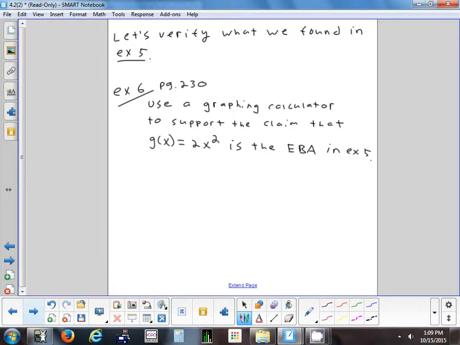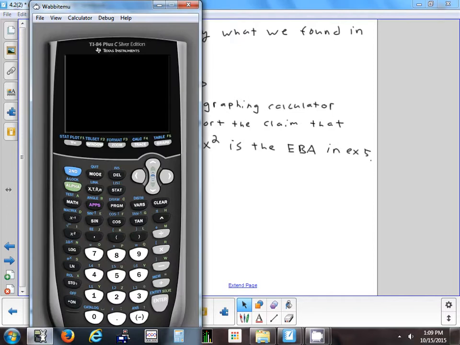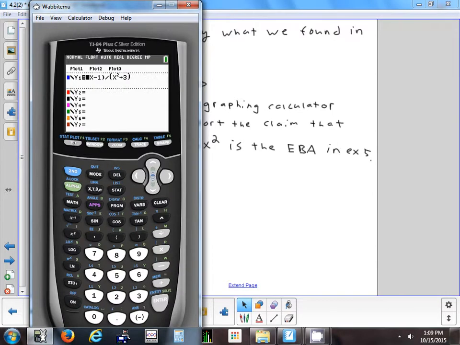All right, so let me show you that. I'll graph the end behavior asymptote we just found, and let me graph example 5. I'll try to do the asymptote as a dotted line. 2x squared. Let's make that dotted. So there's my asymptote.